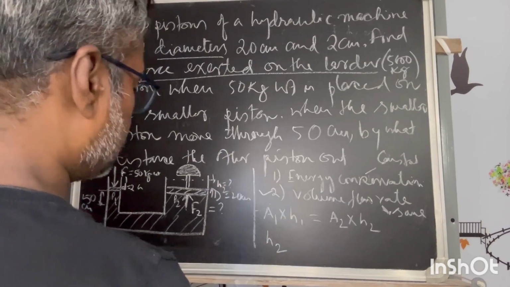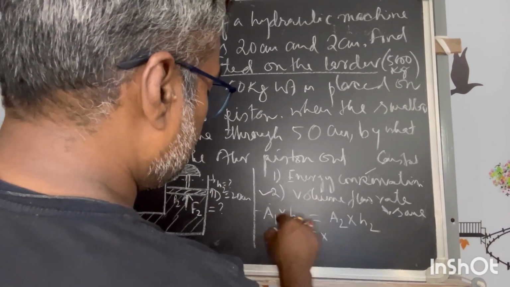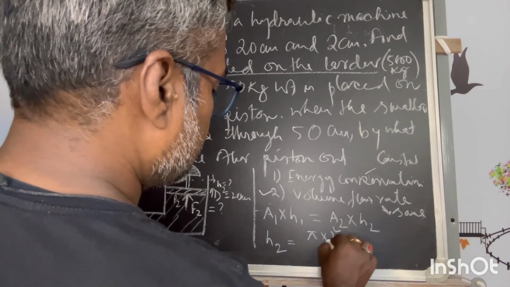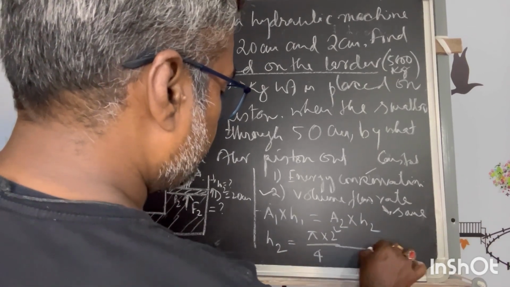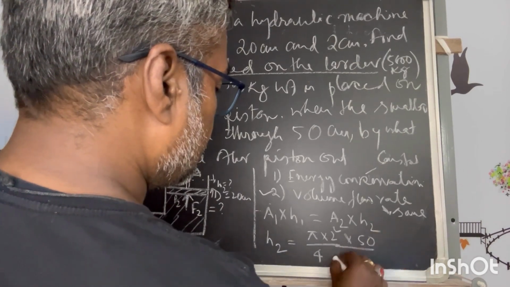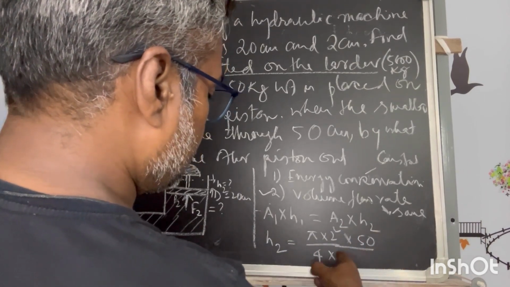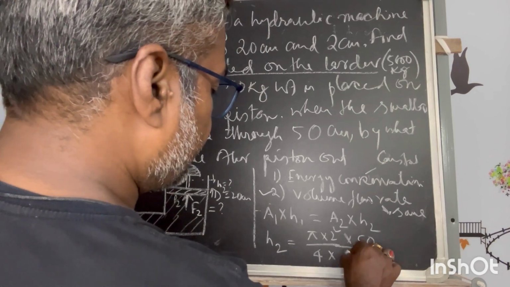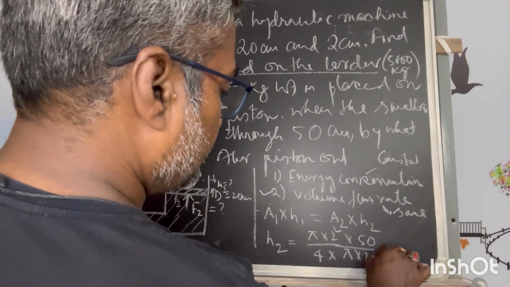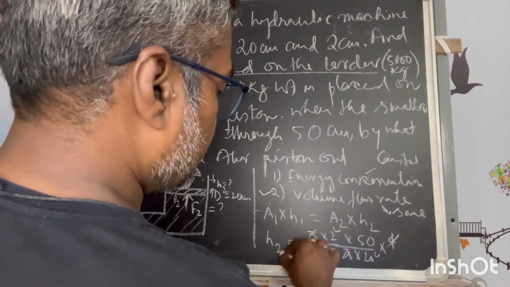So what is your H2? Let it be H2. So A1, pi into d square by 4, into H1 is how much? 50. And A2, if I take, it will come down as a denominator here, 5 into 20 square into 4 will be there. So 4 pi 5.